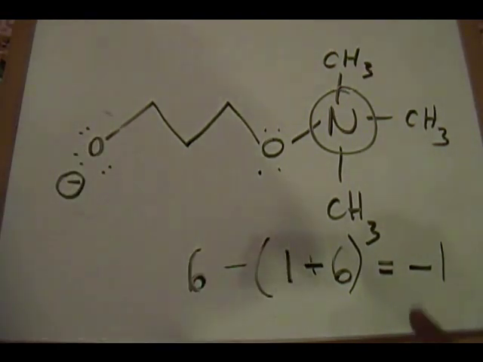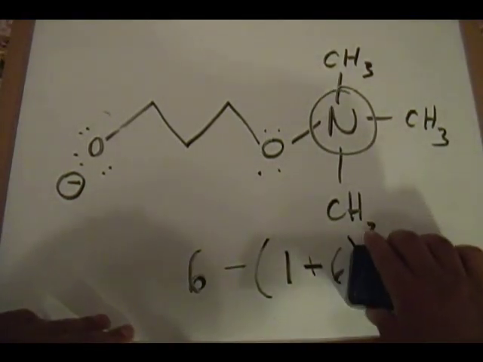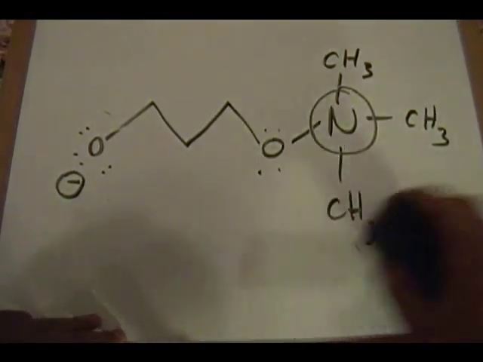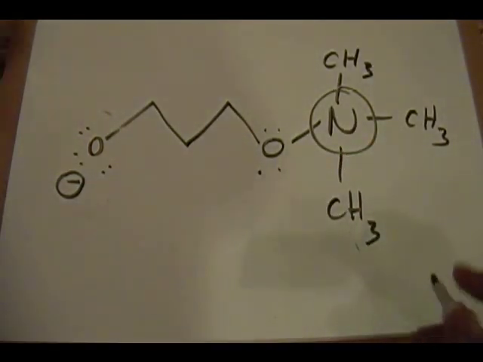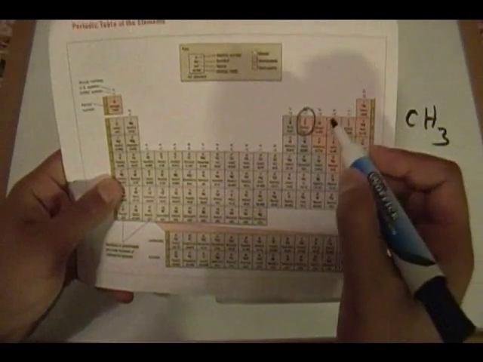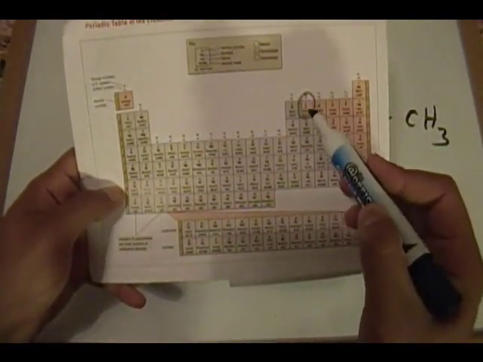Now the nitrogen atom, let's look at that one. Nitrogen, the valence number, it's right next to carbon, so it's in the 5th column, right? So it's 1, 2, 3, 4, 5.